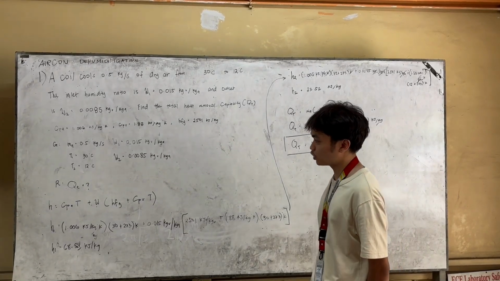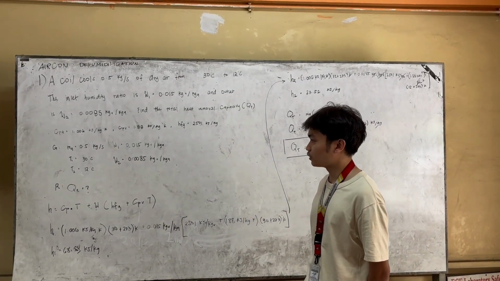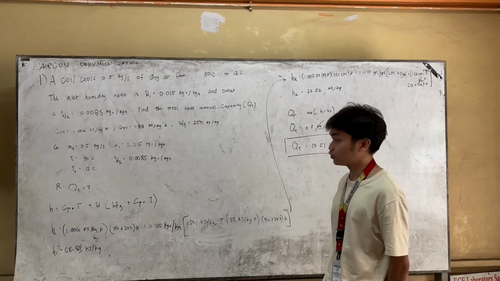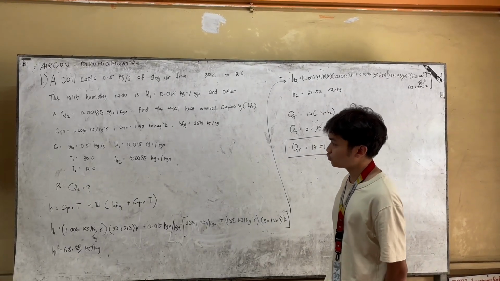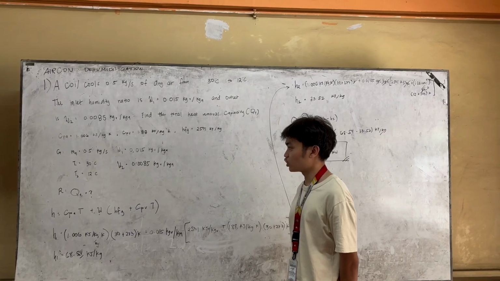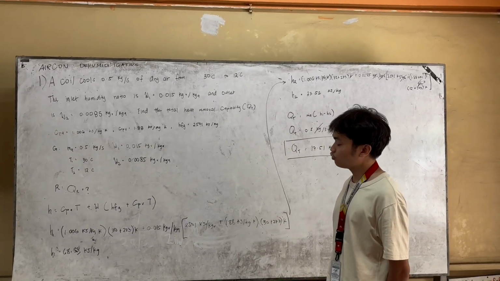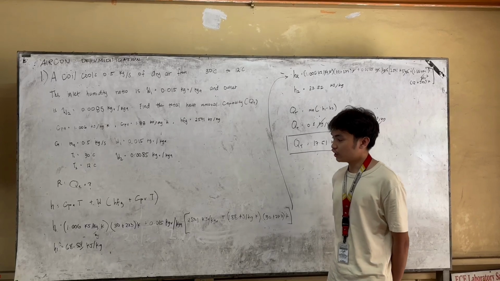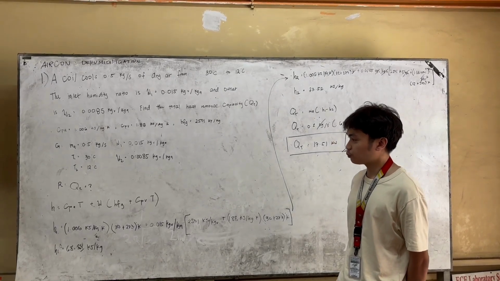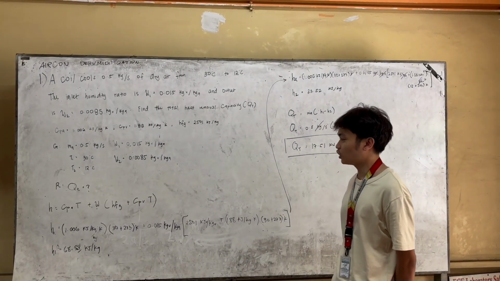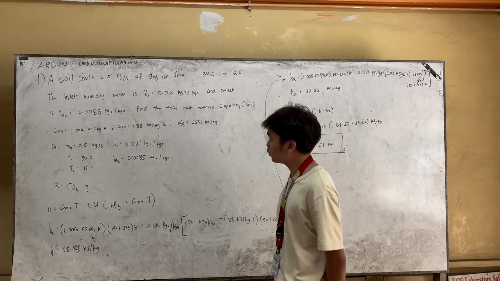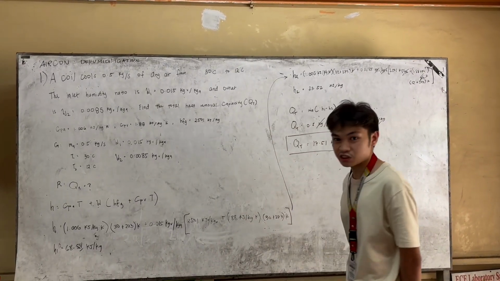And we have the given of 0.5 kilograms per second, T1, which is 30 degrees Celsius, T2, which is 12 degrees Celsius, and humidity ratio for point 1 is 0.015 kilograms vapor per kilogram air, and we have humidity ratio of point 2, which is 0.085 kilograms vapor per kilogram air. So we need to find the heat capacity, which is QT.